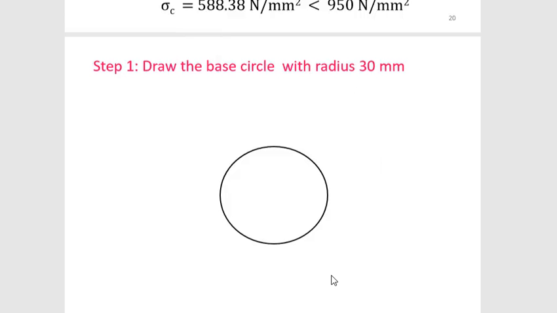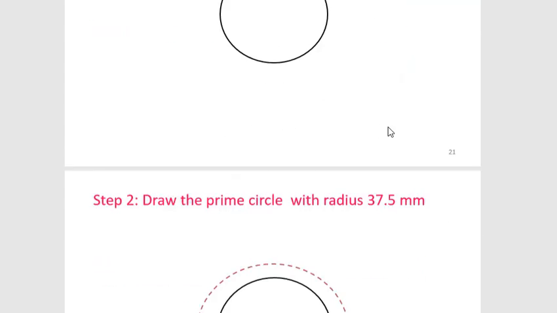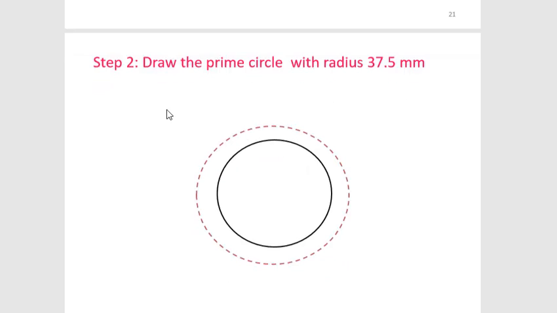So this is the base circle with radius 30 mm. After this step, the second step is to draw the prime circle. Now this is a smaller circle on the pitch curve. So we'll draw the prime circle with the same center with radius 37.5 mm. So that is the second step.